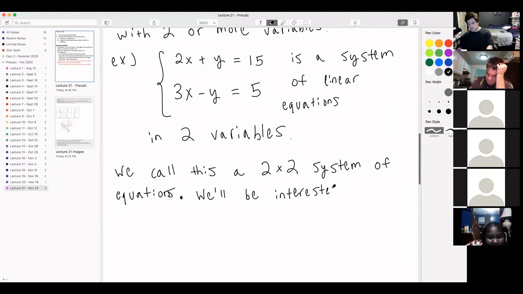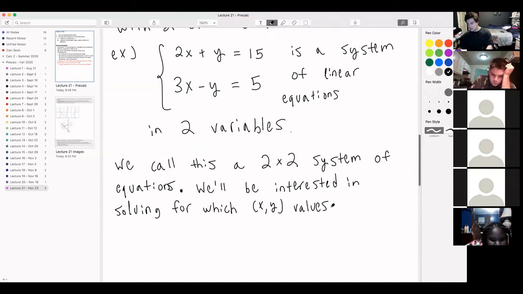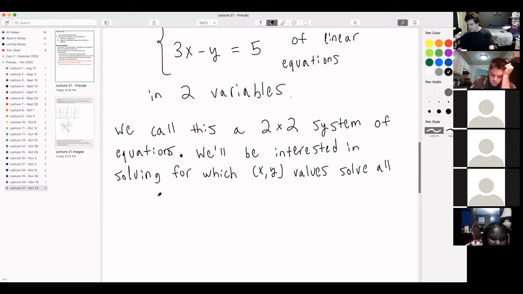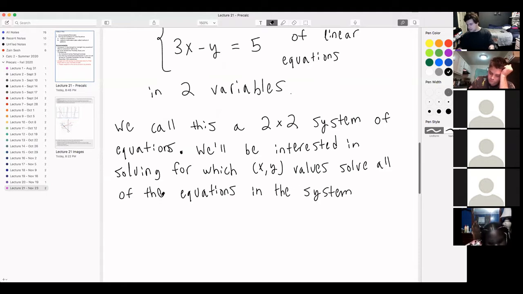So we'll be interested in solving for which x, y values solve all of the equations in the system simultaneously.